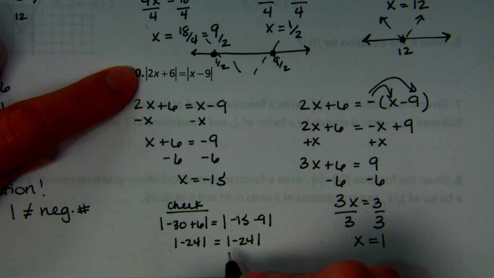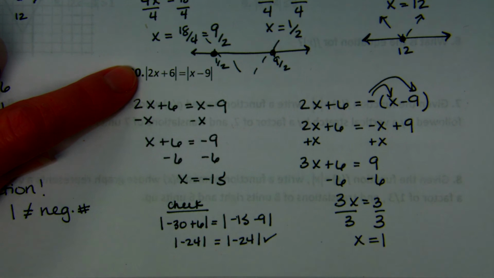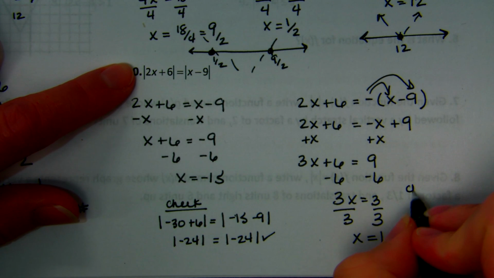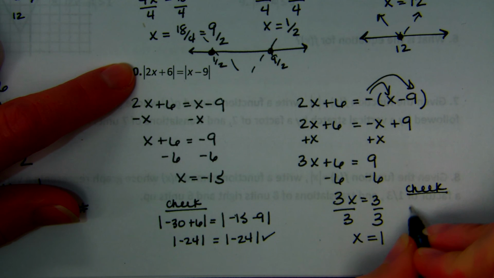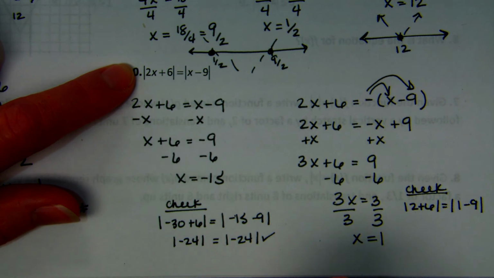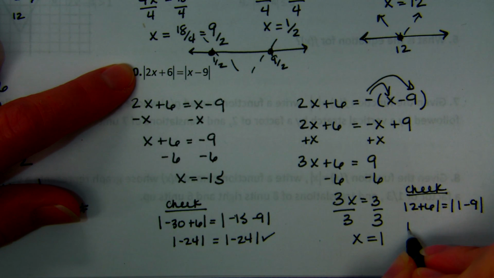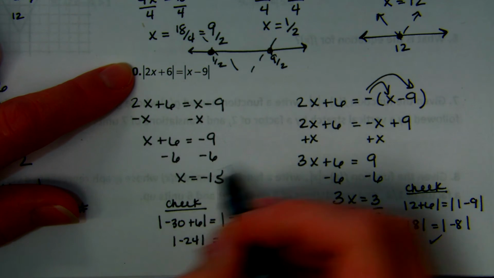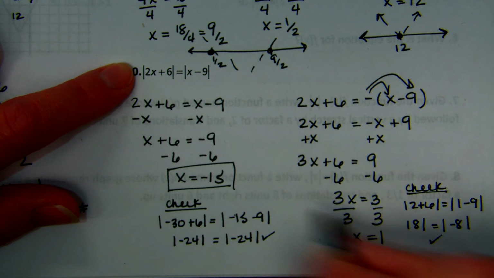That checks out. Absolute values on that are 24 is equal to 24. And then for the 1, we get the absolute value of 2 plus 6 is equal to the absolute value of 1 minus 9. This is the absolute value of 8 is equal to the absolute value of negative 8. That also checks out. That works. And so both of these are solutions.